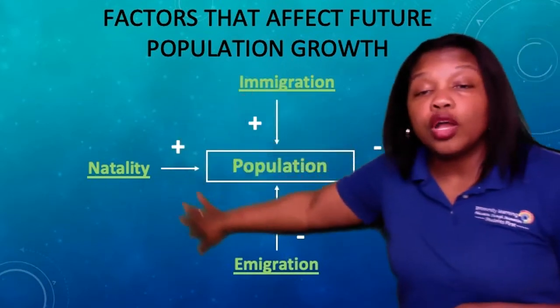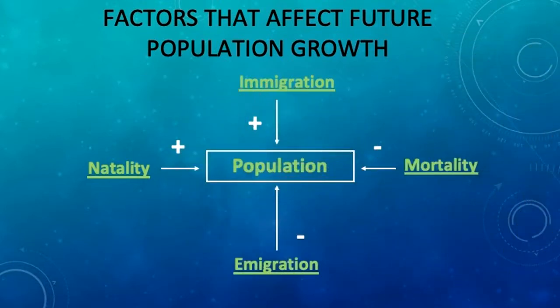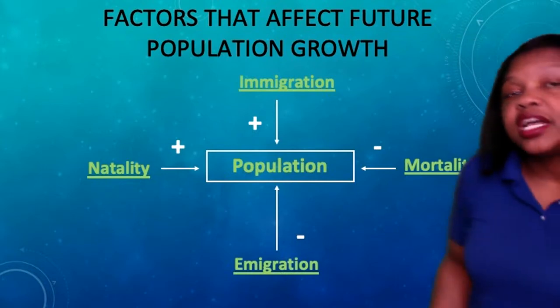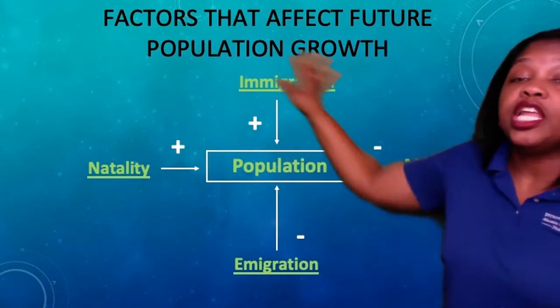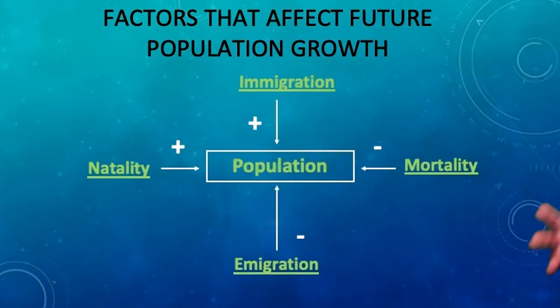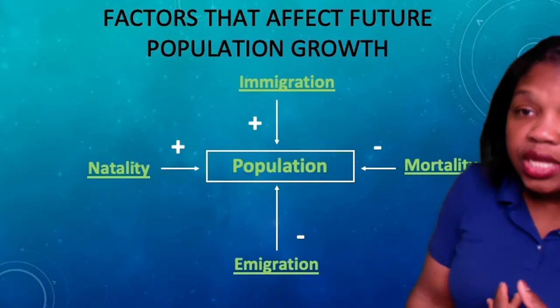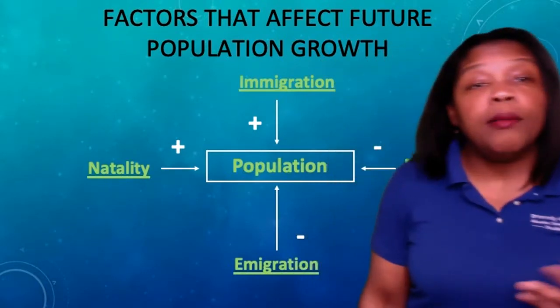So these are the 4 things that are constantly working on the number of people living in a given area. Hence the population in a given area is constantly going up and down, depending on all of these factors. And these are the factors that those statistical analysis individuals look at when they're trying to figure out how many roads to build, how many hospitals do we need, how many doctors do we need, how many houses do we need?